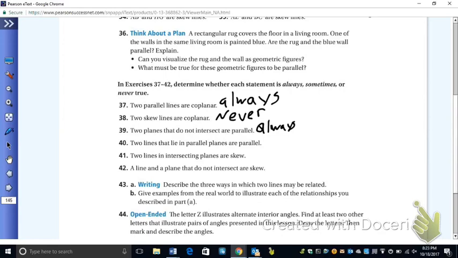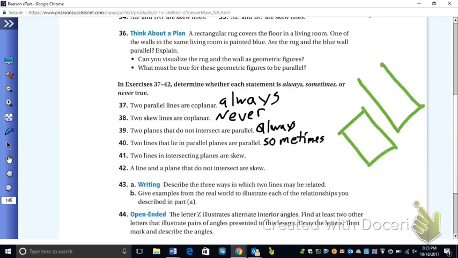Two lines that lie in parallel planes are parallel. Well, that's going to be a sometimes, and let me explain that. If I have two planes here that are parallel, pretend that each of those green boxes is a plane and that they are parallel planes. If I have two lines going opposite like that, those are going to be skew.